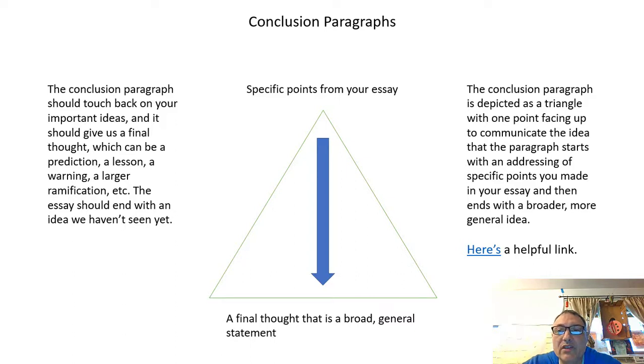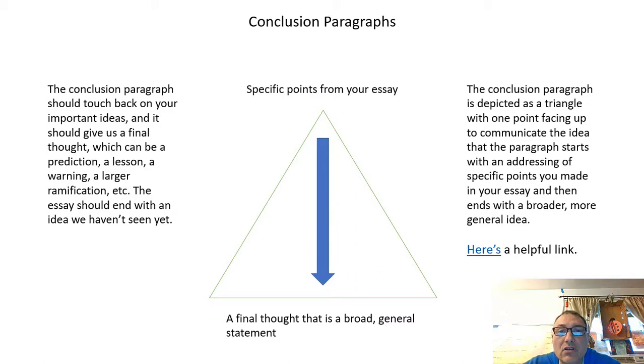And remember that the introductory paragraph had a triangle with one of the flat sides pointing up and then one of the sharp points pointing down. That was to communicate that the introductory paragraph started off with a more broad general concept and then gradually worked towards a more focused point about something.